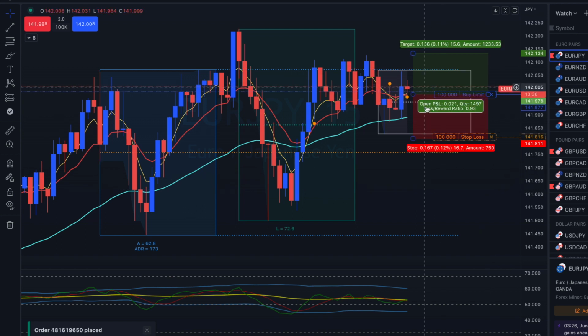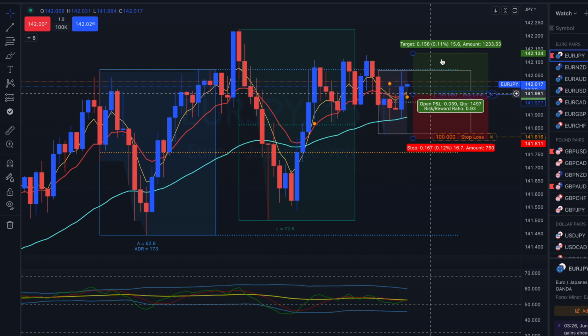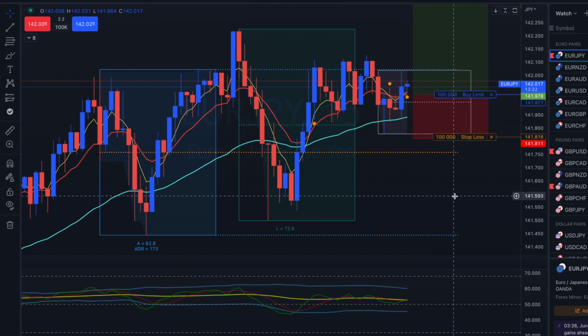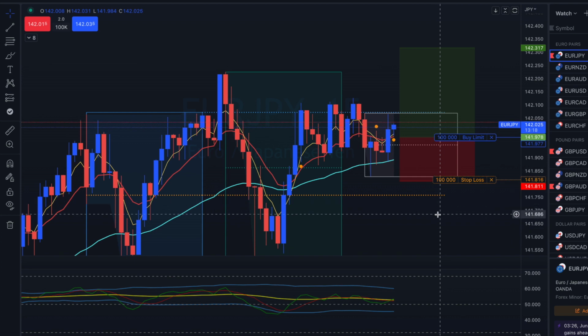If it comes down a little bit closer, I'll manually enter the trade. But honestly, I want my entry. And so the trade itself will look something like that.